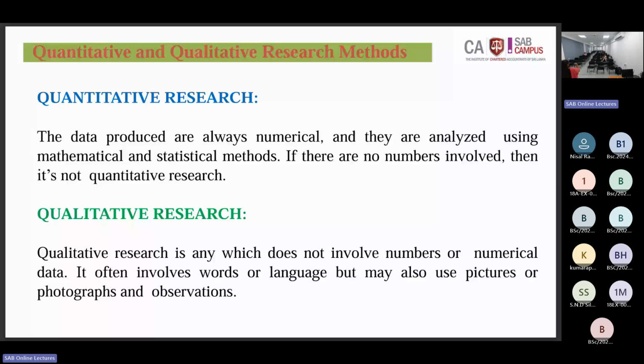Write down 4 examples that the researcher can use as primary data as well as secondary data. 4 examples for primary data and 4 examples for secondary data.